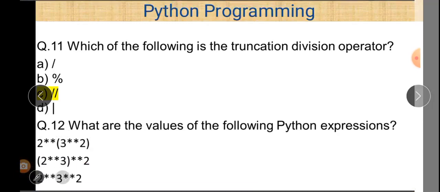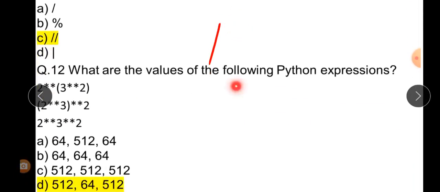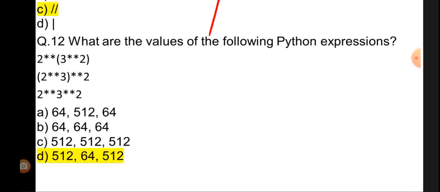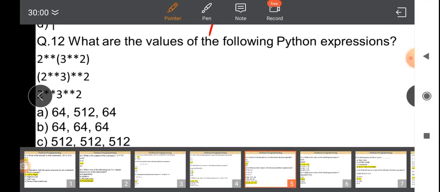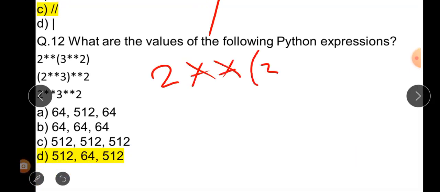Let us take the first: 2 double star, meaning the exponent operator, then the double star sign is again repeated.